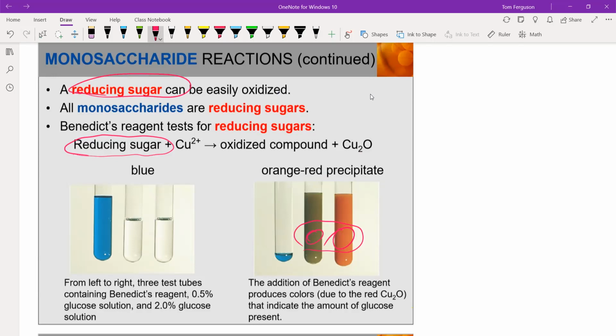Okay, so we have reducing sugar. It has to be a hemiacetal. Otherwise, it's not a reducing sugar.